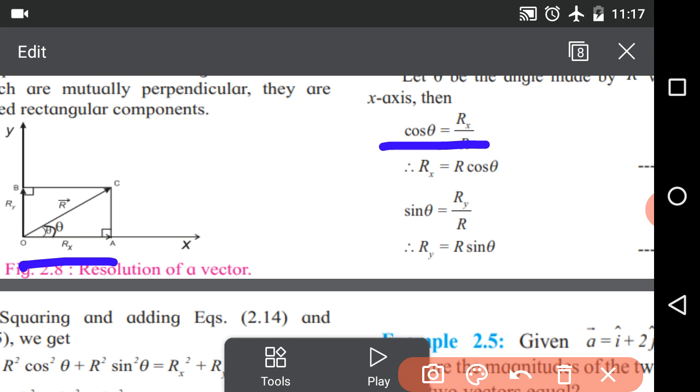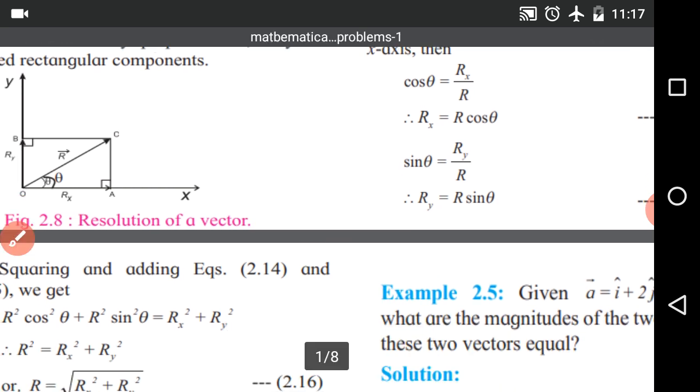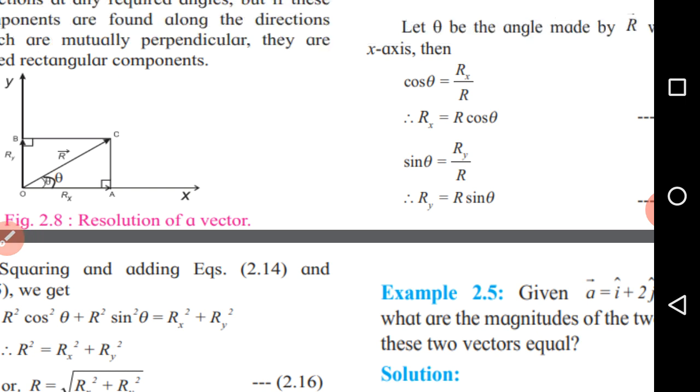The formula for cos theta is the adjacent side of the angle divided by the hypotenuse. So Rx is equal to R cos theta. Then if you take the equation of sin theta, you may get the value for Ry, that is R sin theta.